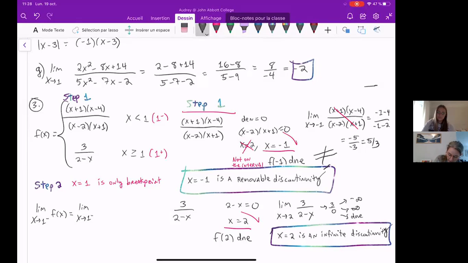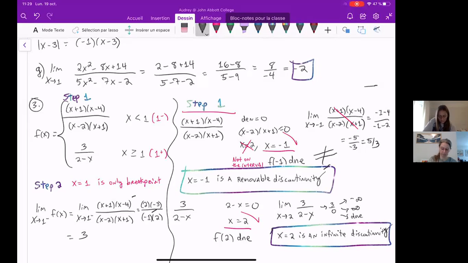So here I have x plus 1 times x minus 4 over x minus 2 times x plus 1. And now the limit sign can disappear because I'm going to plug in. I'm going to actually evaluate the limit. So I get 2 times negative 3 over negative 1 times 2. And the answer here is 3.